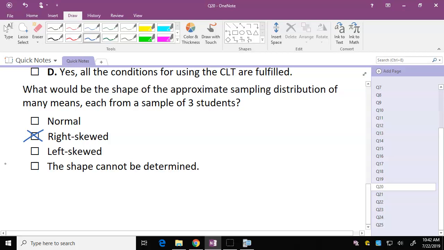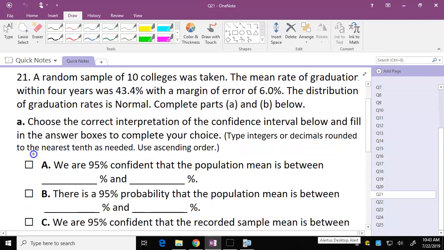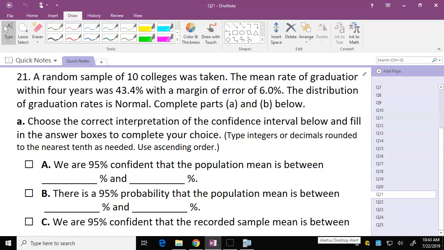21 is from 9.3. So it says a random sample of 10 colleges was taken. The mean rate of graduation within 4 years was 43.4% with a margin of error of 6%. The distribution of graduation rates is normal.